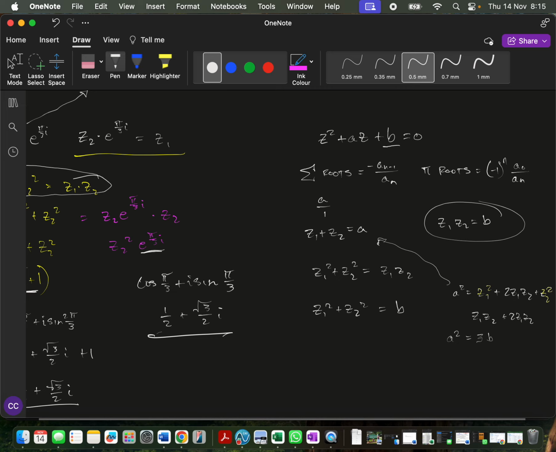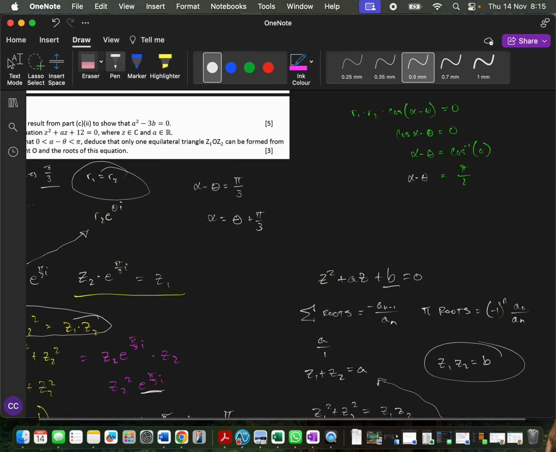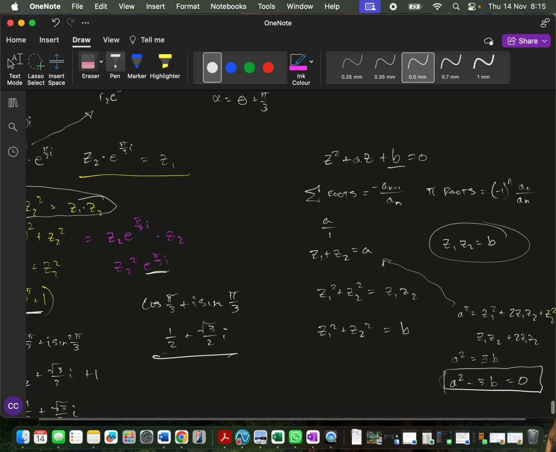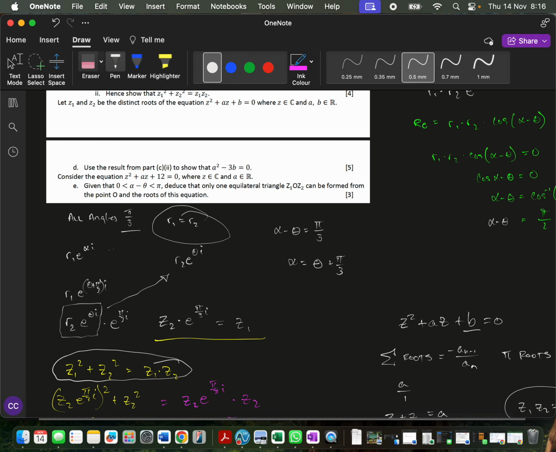So a squared minus 3b is where we get 0, and that has to be 0. So we got ourselves to that one. Sweet googly moogly.